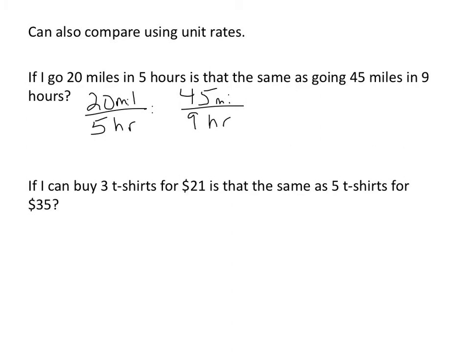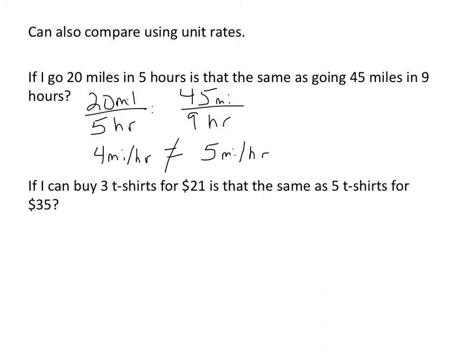If I do unit rates, remember I'm taking the top divided by the bottom. 20 divided by 5 is 4, so this is the same thing as going 4 miles per hour. 45 divided by 9 is 5 miles per hour. And since 4 is not equal to 5, those are not proportional.